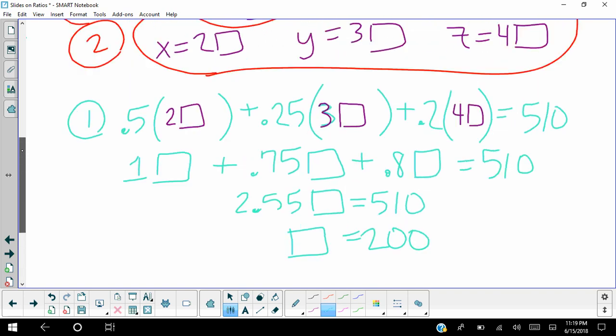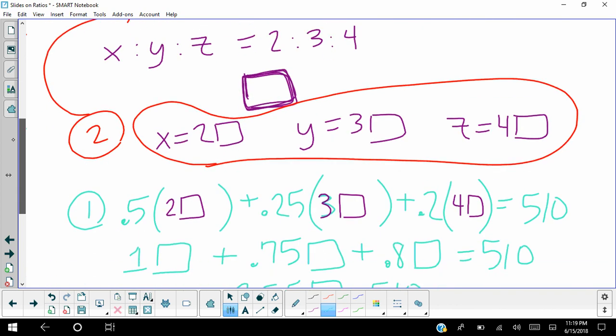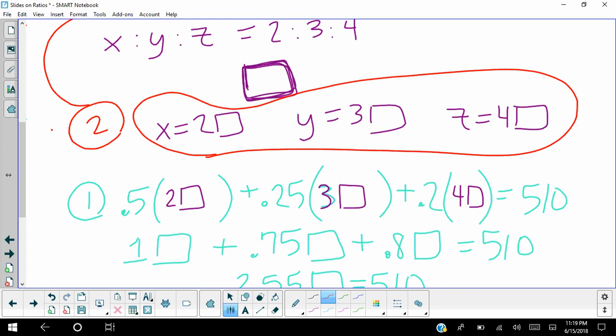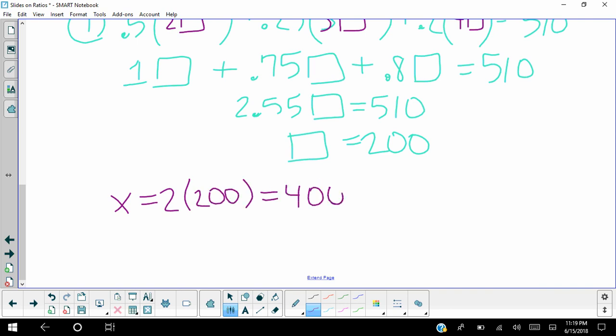But I really wanted the number of each type of coin. So I really wanted X and Y and Z. Well, X and Y and Z is found by this second piece of information that we set up. I need 2 times the box, 3 times the box, 4 times the box. So X is 2 times the box, so 2 times 200 is 400. Y was 3 times the box, so 3 times 200 is 600.